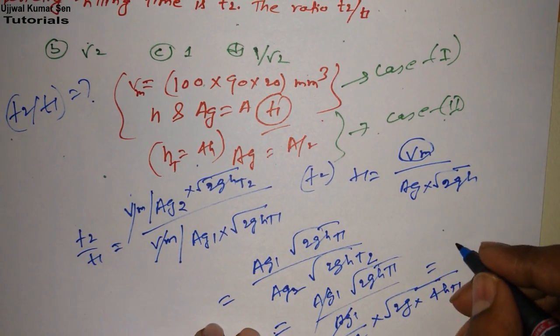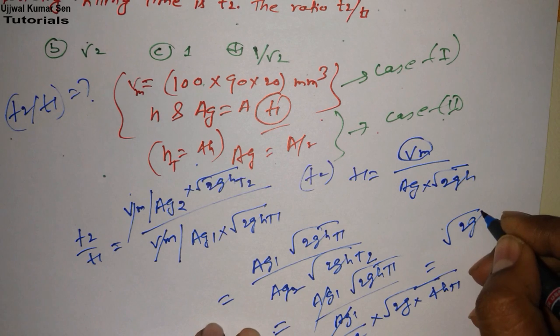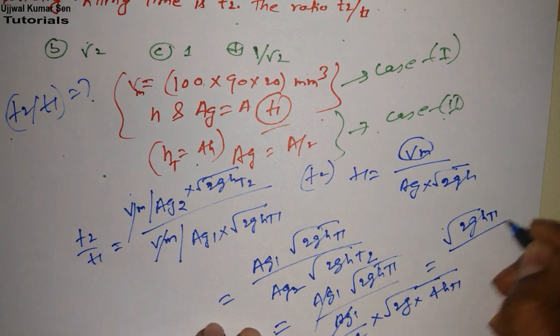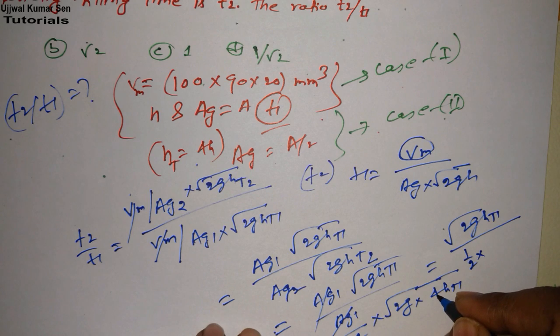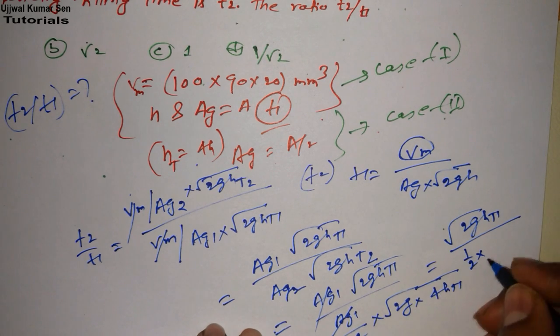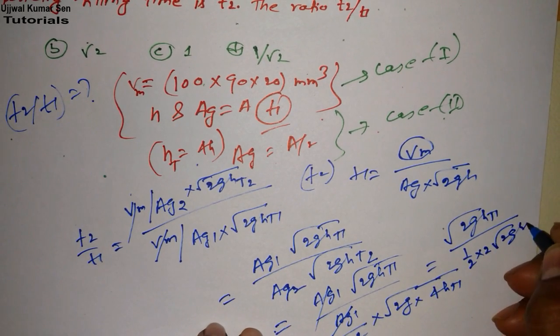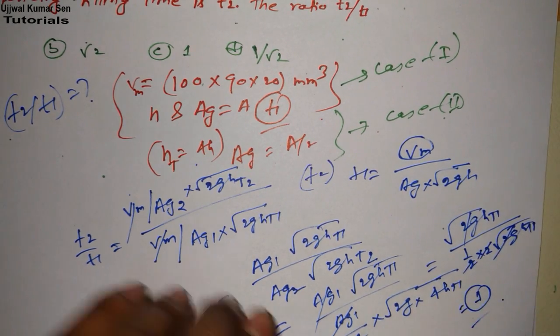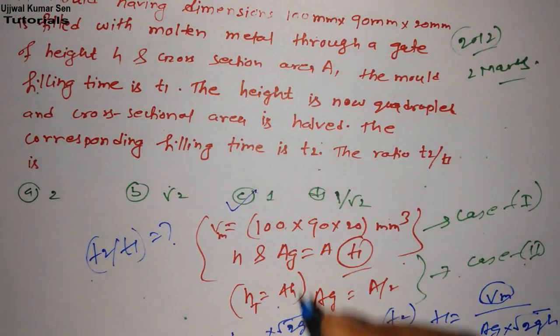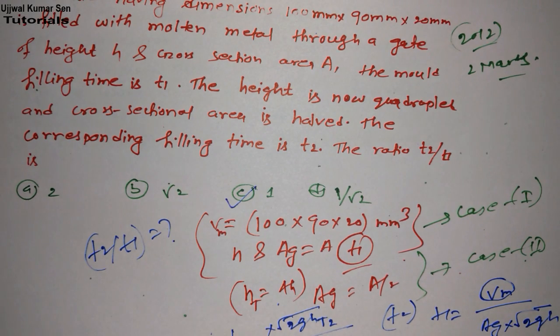Now if we simplify this, we get half here, so taking out the 4, the root gives 2, and the 2 cancels, so the answer is 1. So option C is the right answer, that is 1. This is how you can solve numerical problems related to it.